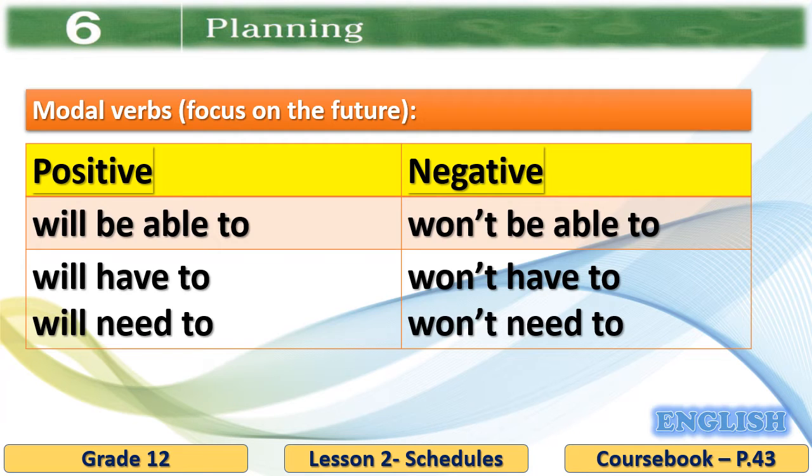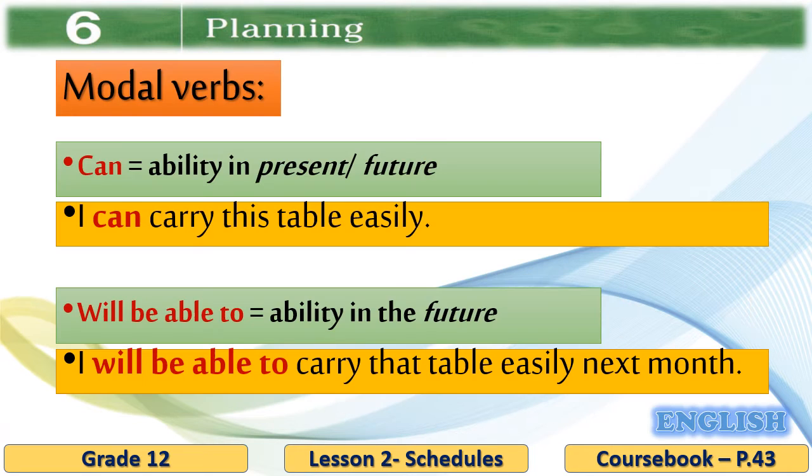On the other hand, we have modal verbs that focus on the future. The positive ones are will be able to, will have to, and will need to, while the negative ones are won't be able to, won't have to, and won't need to.